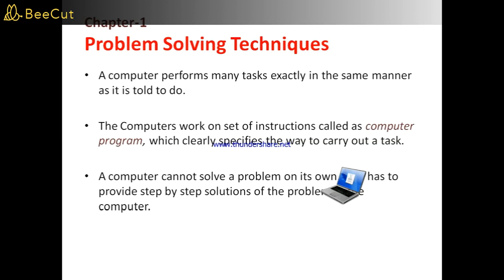All of you know that the computer cannot do anything by itself unless it has been instructed, so we need to instruct the computer to do some task. It's clear that a computer cannot do anything by itself unless some instruction has been given by the one who uses the computer system. Fine. So basically, the computer works on a set of instructions.